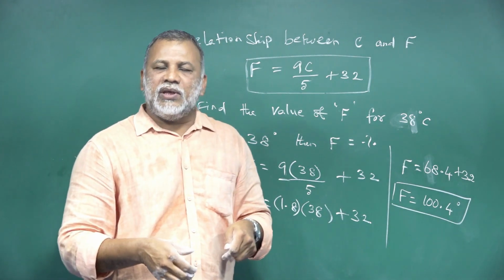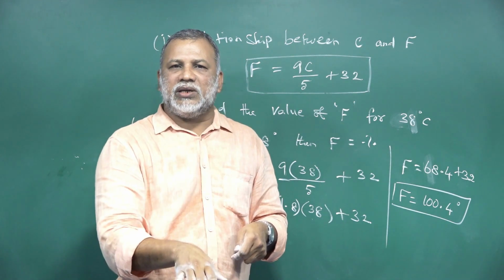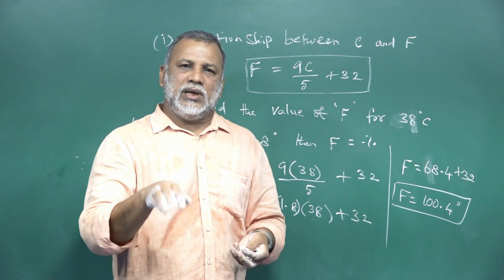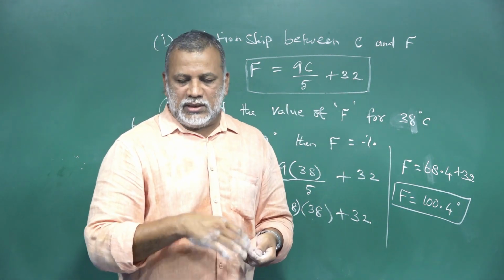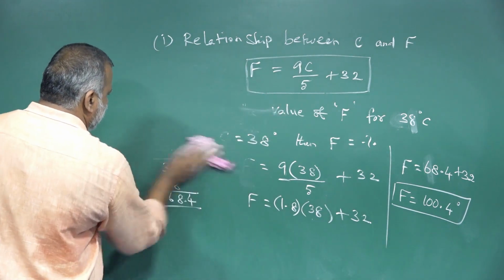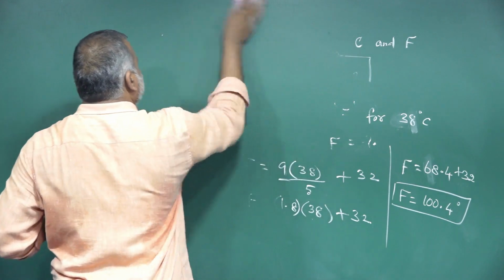In the same way, we are having many problems based on this application. We are going to use the same types of logics and find out the results. Listen carefully. Dear students, take down the notes and follow all the types of concept.